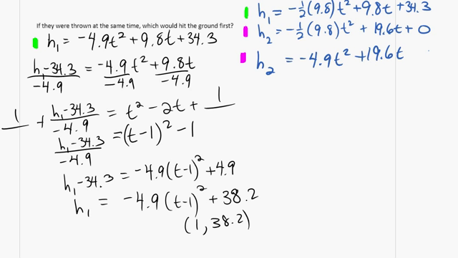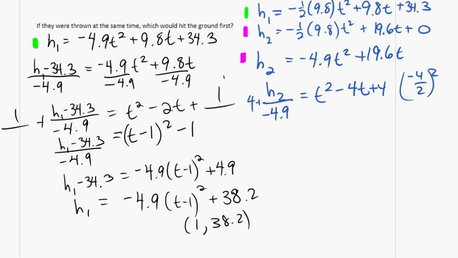Now fortunately to get this one into vertex form, I still need to complete the square. But I don't have any c value to deal with, so I'm going to divide both sides by negative 4.9. t squared minus 4t. So to complete the square, I take my b value, cut it in half, square it, which means I need to add 4 to both sides. So I will do that.